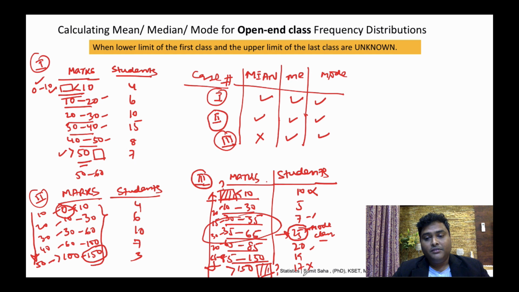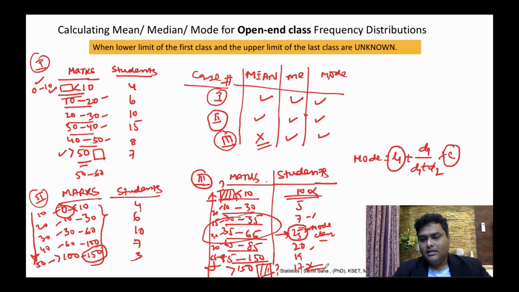Generally we start with L1 plus D1 divided by D1 plus D2, into C. Here the main importance is to understand C and L1. So if the mode class lies in the first or last class, then it is impossible to calculate the mode in case number 3. But if the mode class lies in the middle, we can calculate the mode.